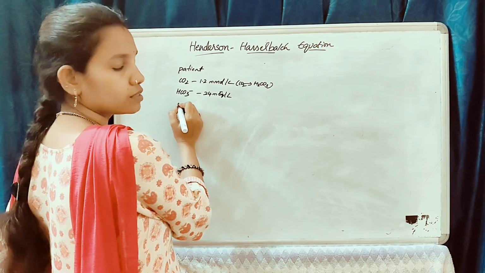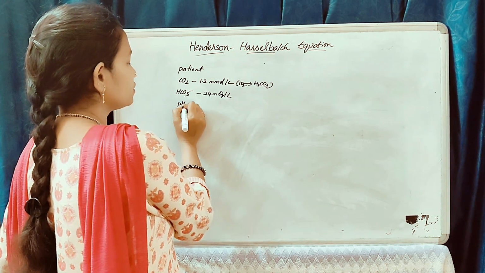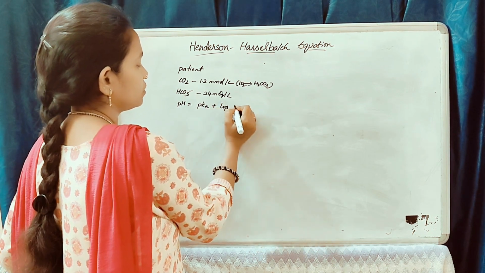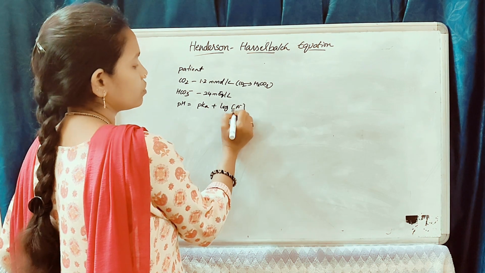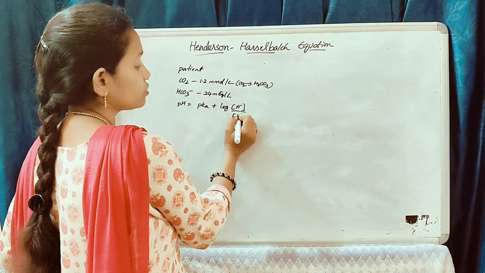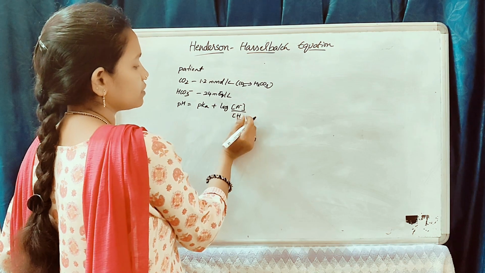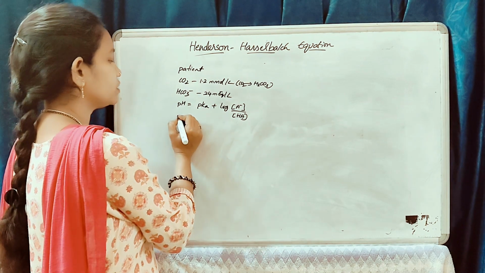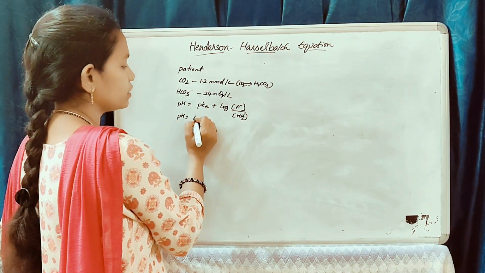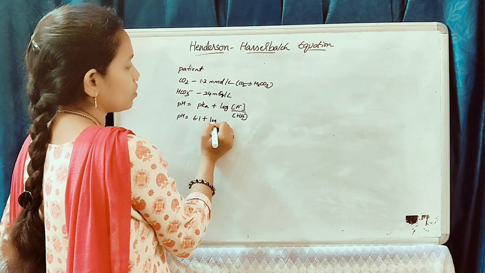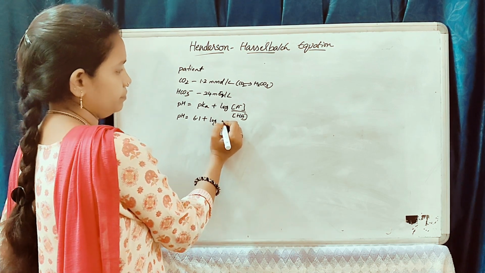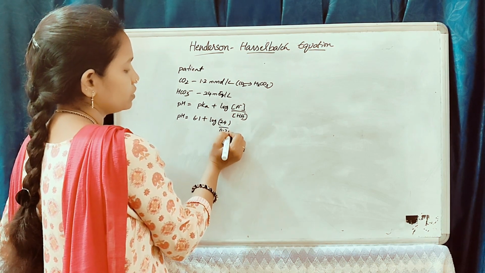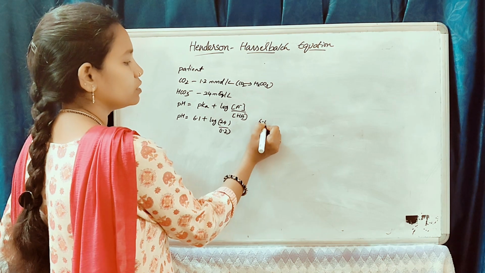So what is the Henderson-Hasselbalch equation? pH is equal to pKa plus log of the concentration of conjugate base by the concentration of weak acid, right? So substituting the values, we'll get pH is equal to pKa 6.1 plus log 24 by 1.2.